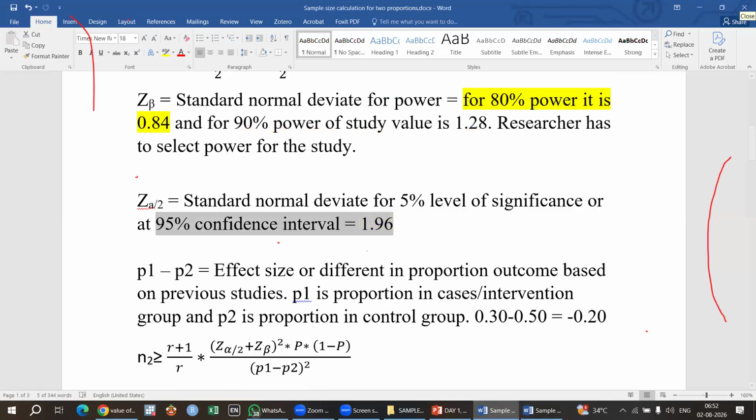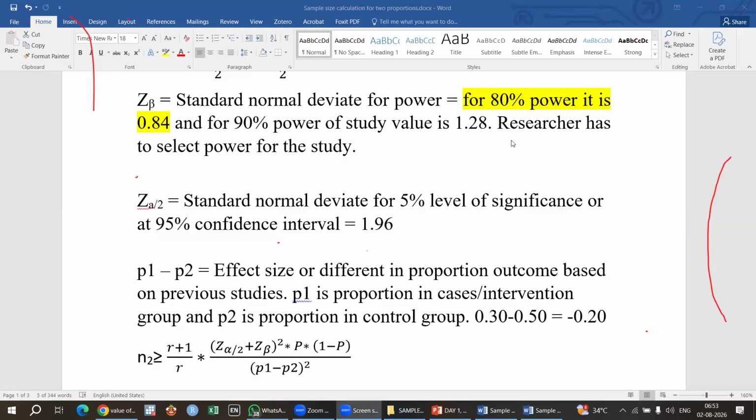Please remember, 1 take intervention, 2 take control. This is simple. Renuka, how is it 1.7? Please see, I have already mentioned in this chat box mu1, mean creatinine level in intervention. I have mentioned 2.6 here, and SD means sigma or S, 1.7. Okay, I have mentioned it over there, no problem.